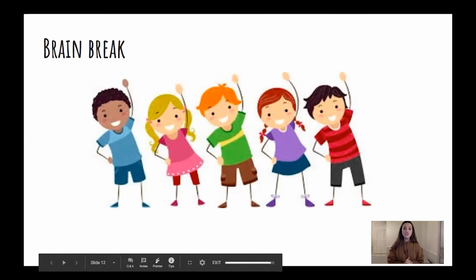Awesome. And let's just do some stretches. So first, I'm just going to do some little arm circles like this. Great. Let's count by 10s. That'll be fun. 10, 20, 30, 40, 50, 60, 70, 80, 90, and 100. Awesome.